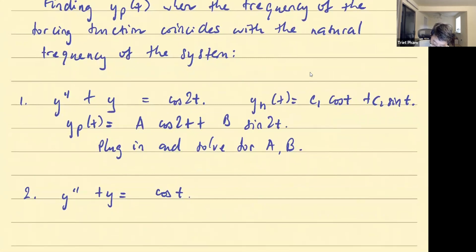But when here, because cosine of t exactly coincides with this part, then your YP, your guess, must be A cosine of t plus B sine t, but with a t in front. Okay.